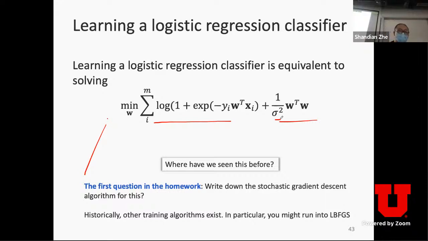So now I want to give some hints to compute the gradient of this objective function, because it will be required in your implementation of the logistic regression model and also in your homework.